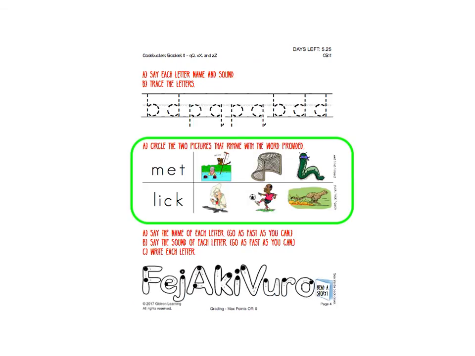Another difficult activity for some students is rhyming, but this is a very important skill for a student to have, especially when they're learning how to read. So what we want your student to do in this activity is with the word on the left, we want them to identify 2 pictures that rhyme with that word. So the first one is met. And when you rhyme, you have the ending sound similar to the given word.